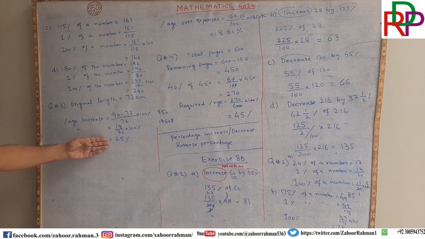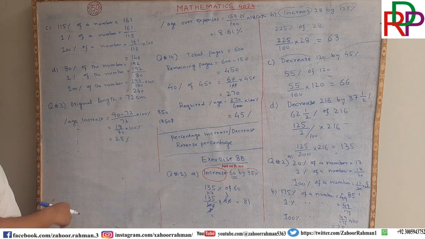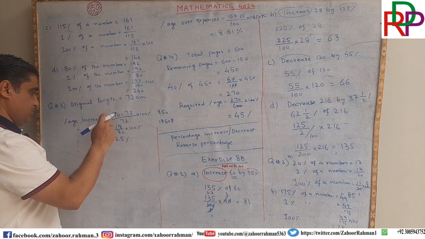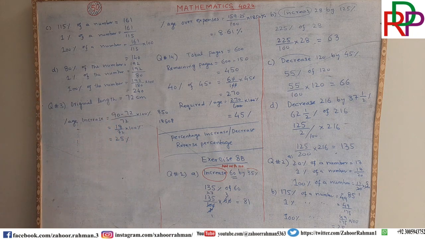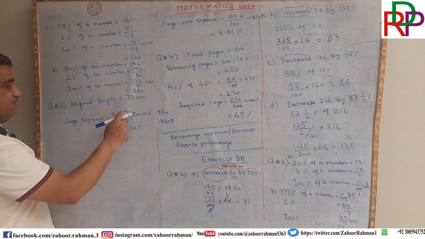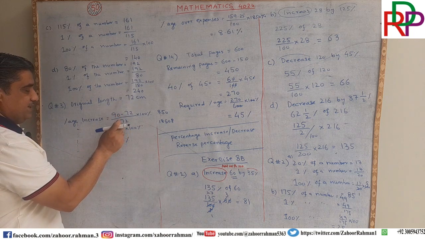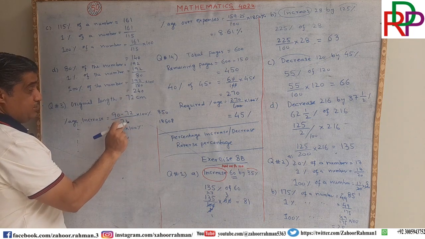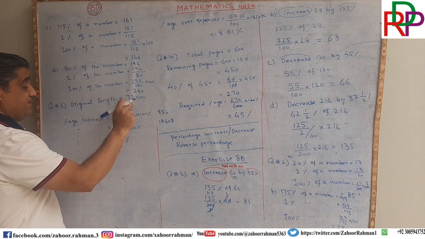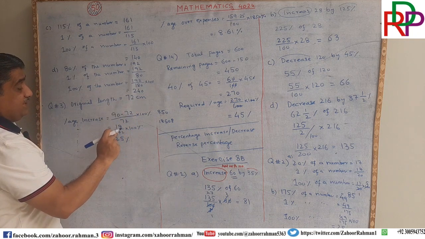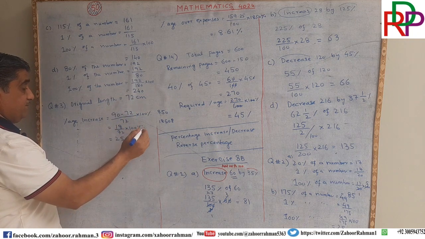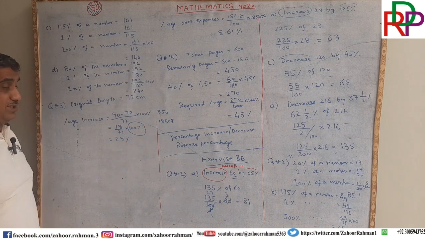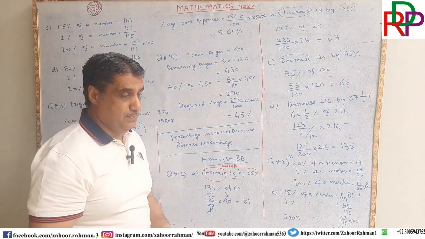So this is the increase when it is stretched from 72 to 90. We have to subtract the small value from the larger value, that will be the increase in 72, which is the original value. So 18 divided by 72, and we have to find the percentage. So times 100, it will be 25%.